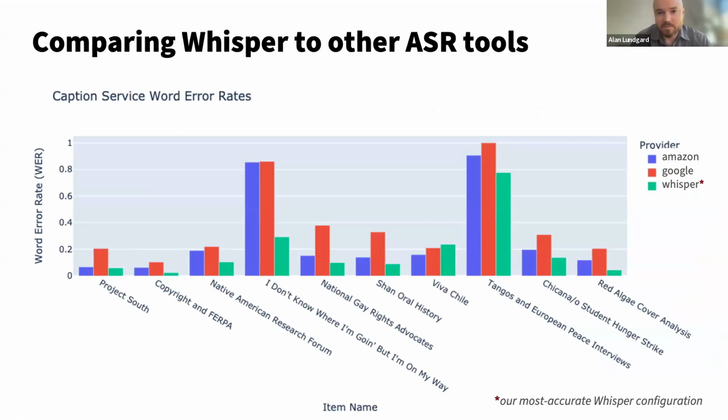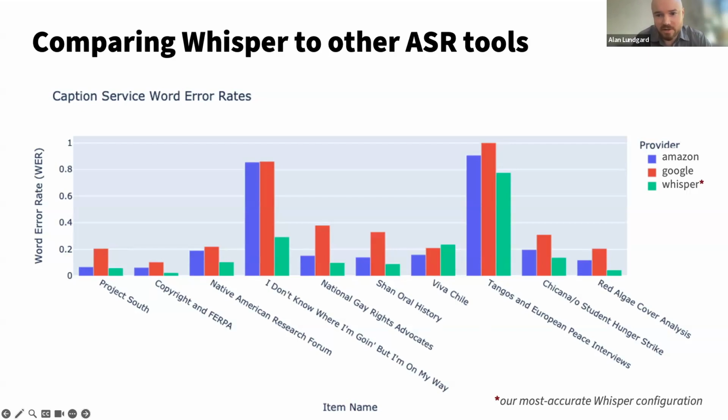Our optimized Whisper configuration outperformed the default Amazon Transcribe and Google Speech to Text on 9 out of 10 of our test items, which is shown here. So again, word error rate means the smaller the bar, the better. Whisper outperforms, except in the case of a Spanish language item here, where Amazon Transcribe in blue outperformed.